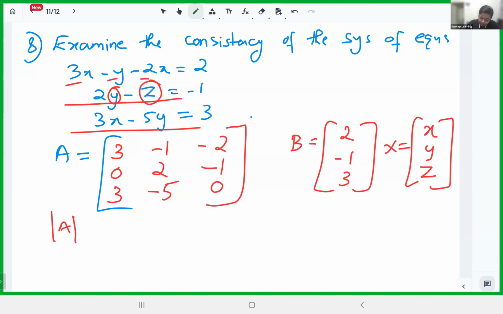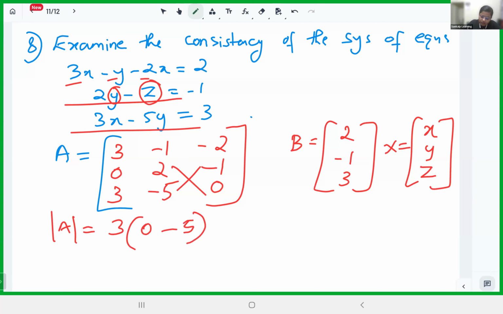First, you have to check the determinant of the matrix. The determinant is equal to, I'm going to expand it along the first row. So this will be 3 into minus 2 into 0, 2 into 0 is 0, minus 5 into minus 1, that is 5.